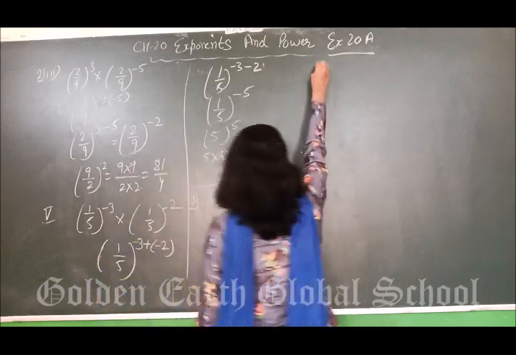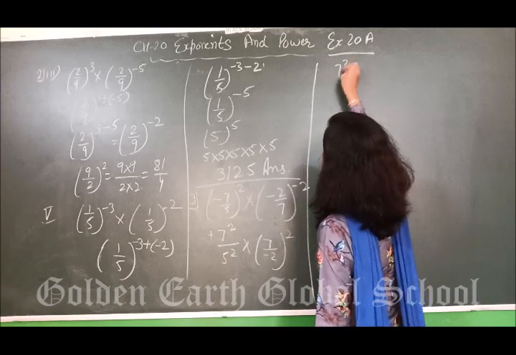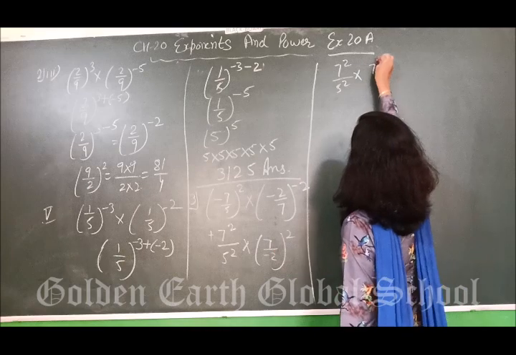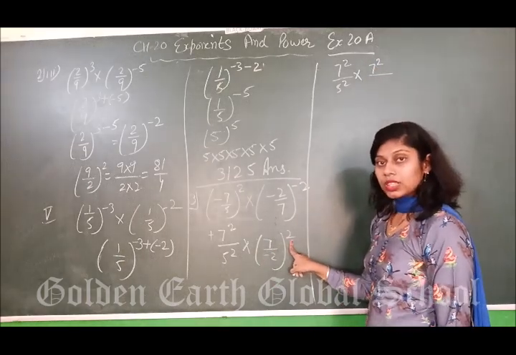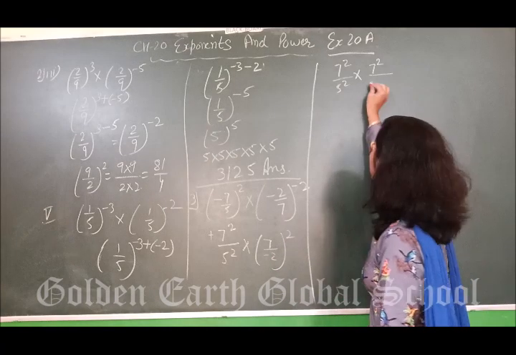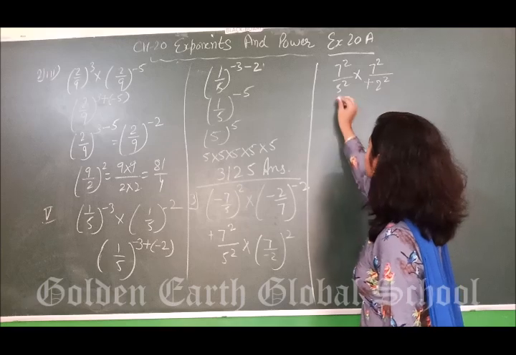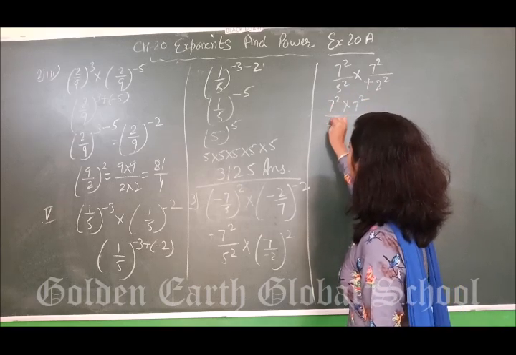Now simplify the power. 7 raised to power 2 upon 5 raised to power 2, into 7 raised to power 2 upon (-2) raised to power 2.